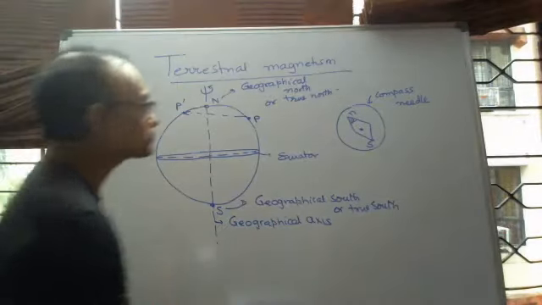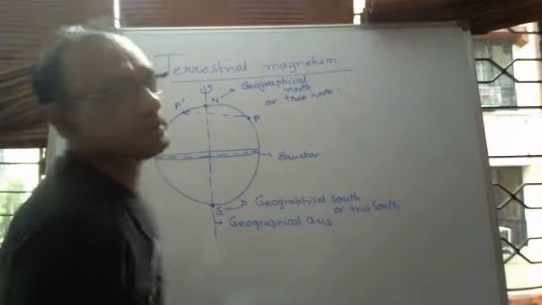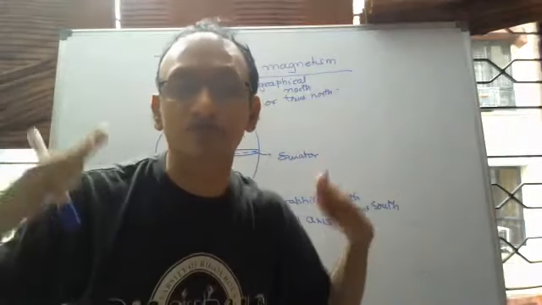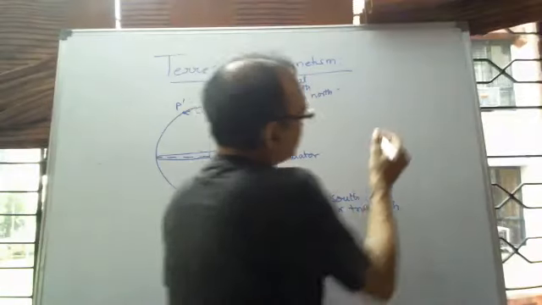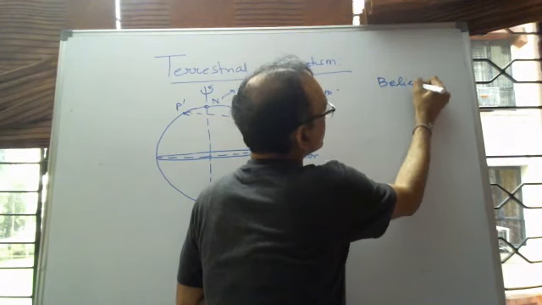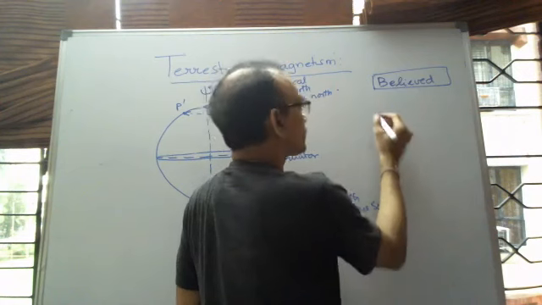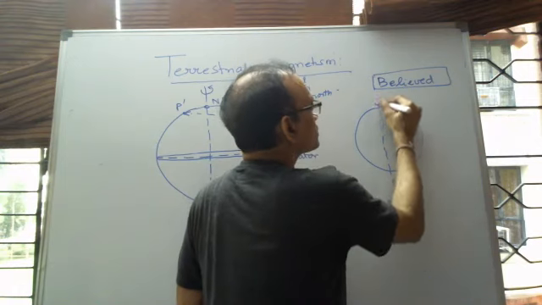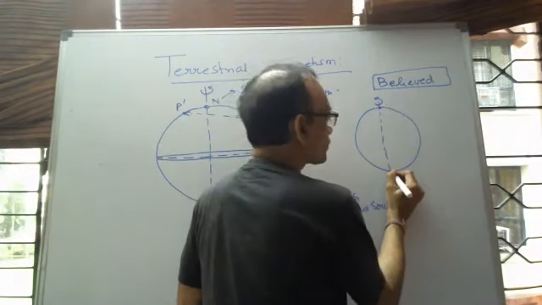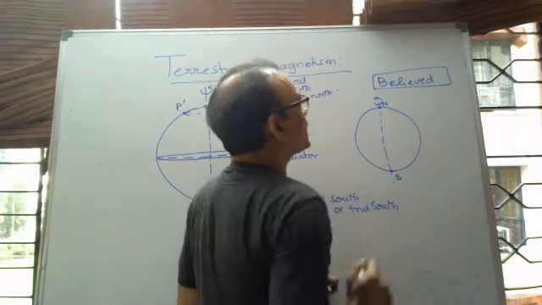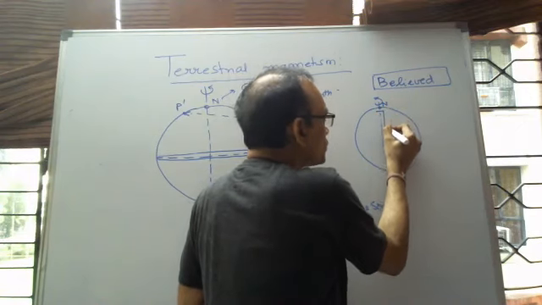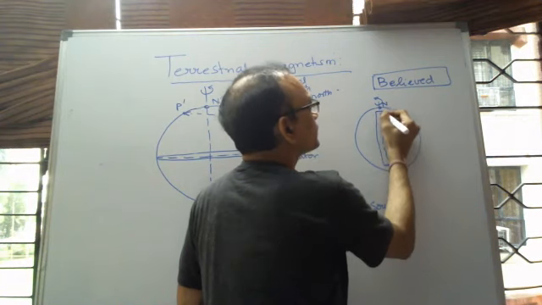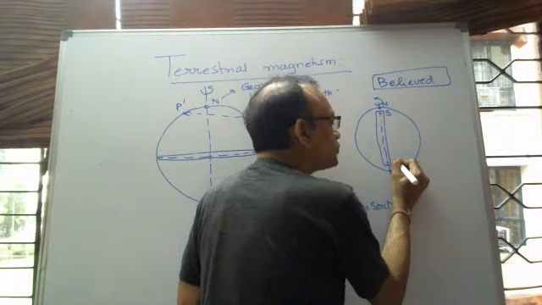What happens? Well, it was originally believed, when the science of terrestrial magnetism was evolving, that if this is the geographical axis about which the Earth is rotating, then along this axis the Earth behaves like a bar magnet, with this being the south of the bar magnet and this being the north pole of the bar magnet.